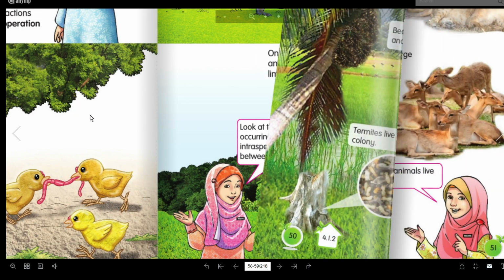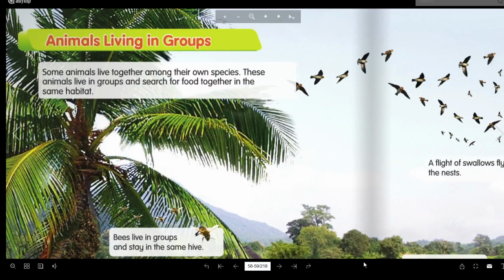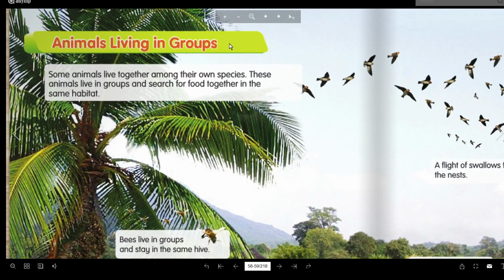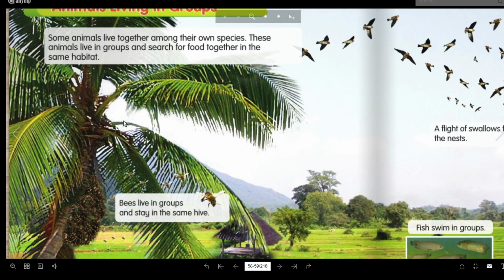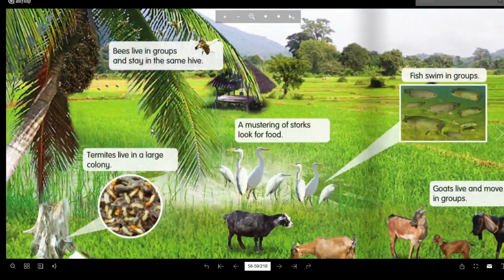Let's see the next one. Animals living in groups. Some species live together among their own species, and these animals live in a group and search for food together in the same habitat. Like bees, they live in groups and they stay in the same hive, right? Termites live in a large colony.